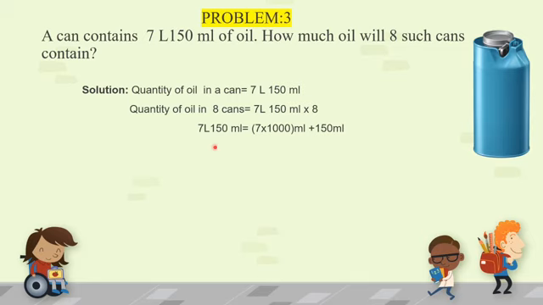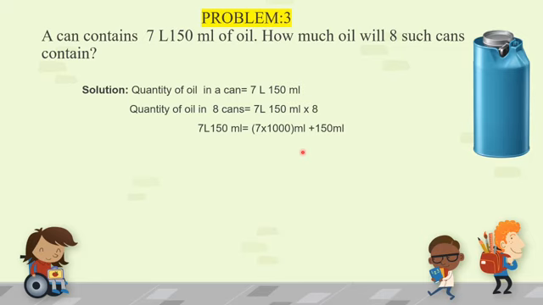So here 7 liter 150 milliliter will be converted into milliliter. And how will the conversion be done? 1 liter equals 1000 milliliter. So first we will have to convert 7 liter into milliliter. 1 liter equals 1000 milliliter, so we'll multiply 7 by 1000 milliliter.